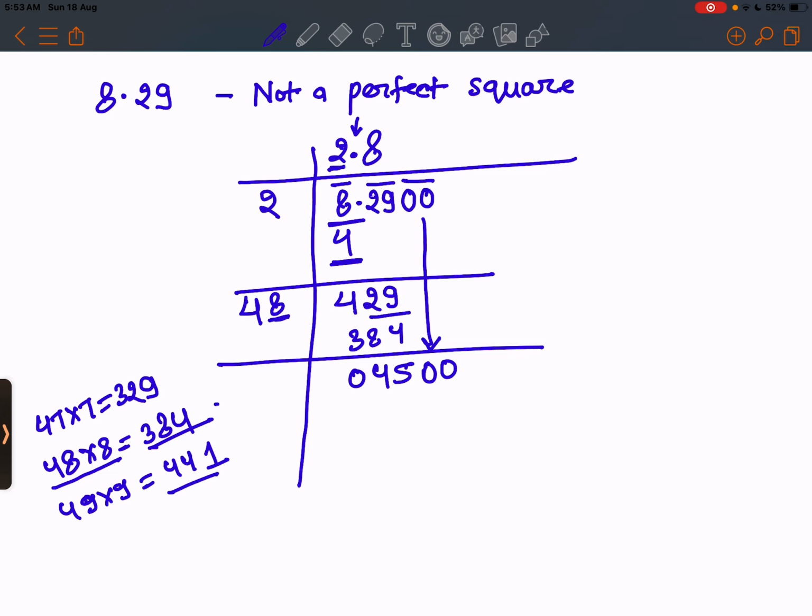and the next divisor would be just double of 28. 28 twice is 56. 56 would be here. Now we have to find the number just smaller than 4500, or the number which can completely divide 4500.